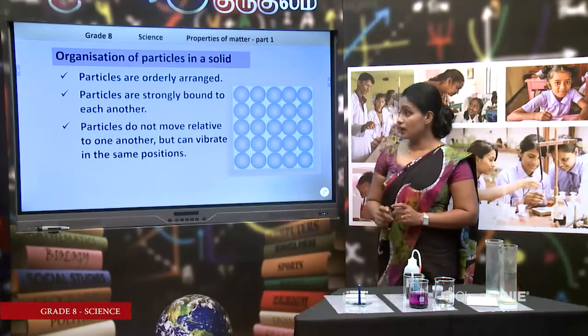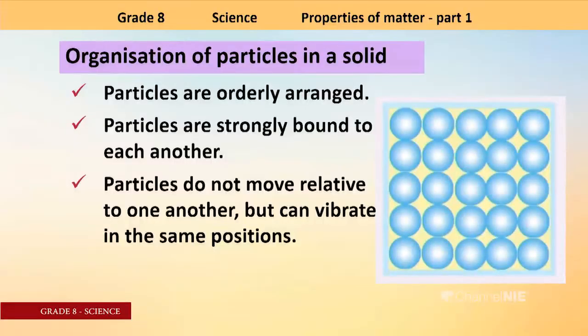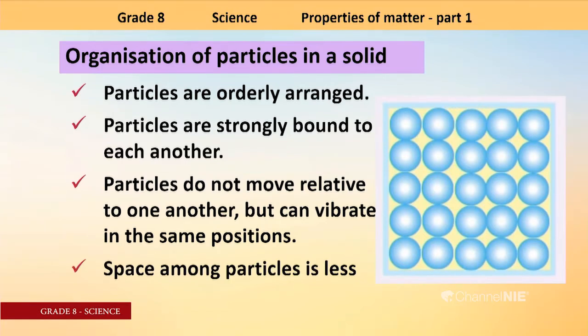So, particles do not move relative to one another, but can vibrate in the same position as we talked. Then the space among the particles is less. You can see the yellow color area is the spaces, this space amount is less in solids.